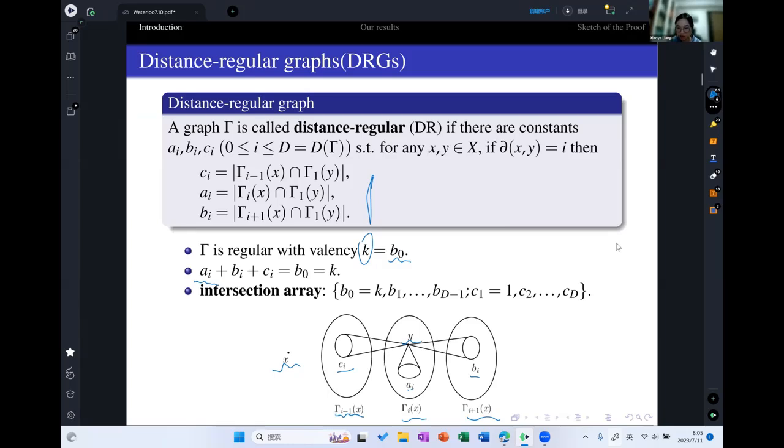So we call the b_i and c_i the intersection numbers, and these are important parameters for a distance regular graph. And for some distance regular graphs, the intersection numbers can be determined by another 4 parameters.